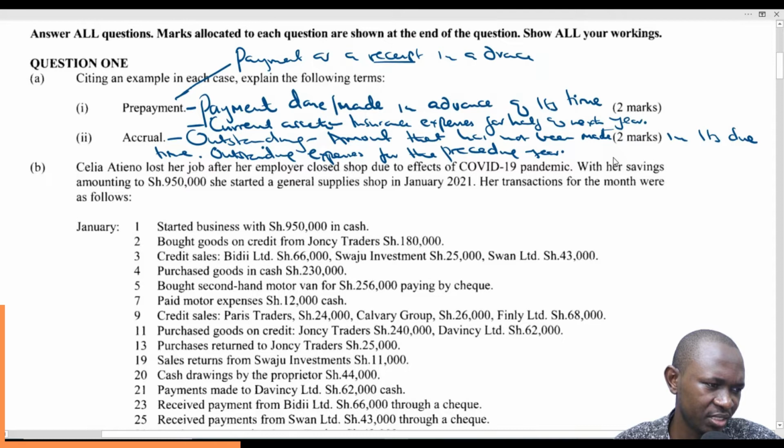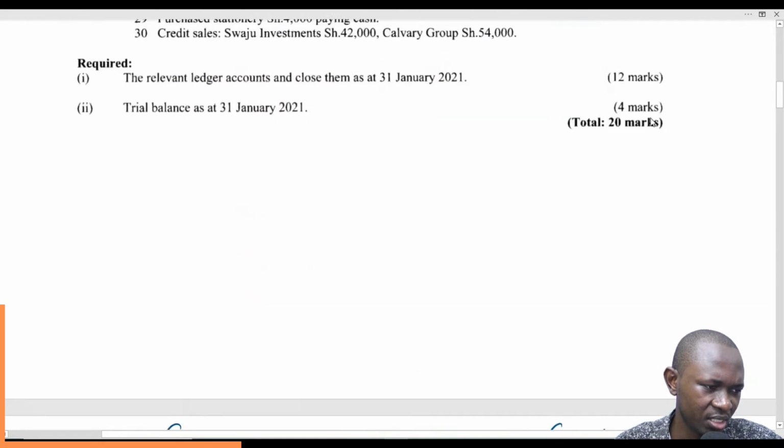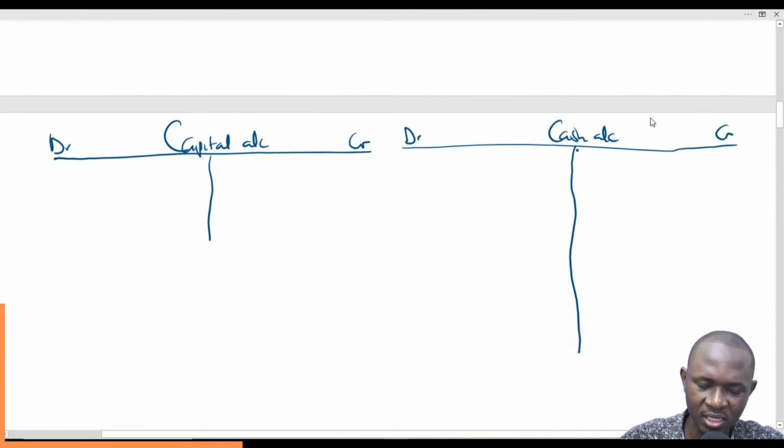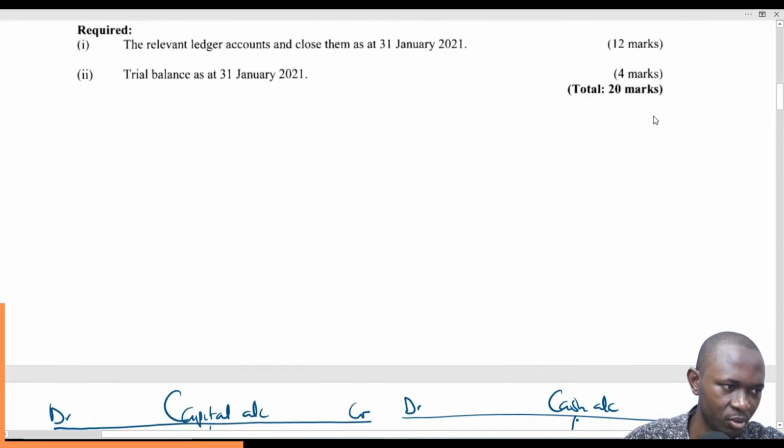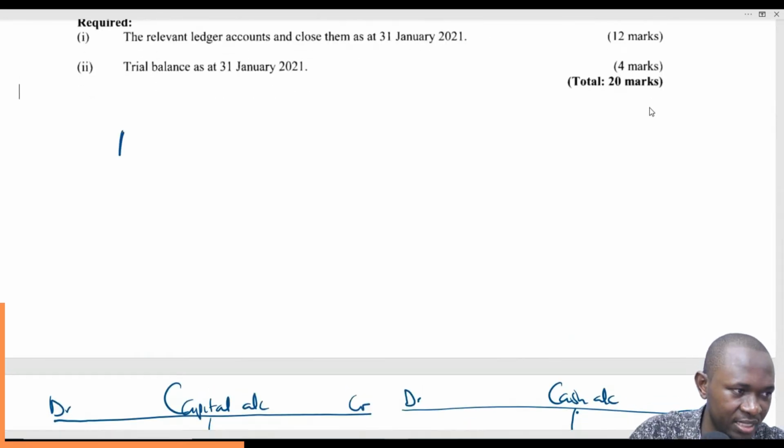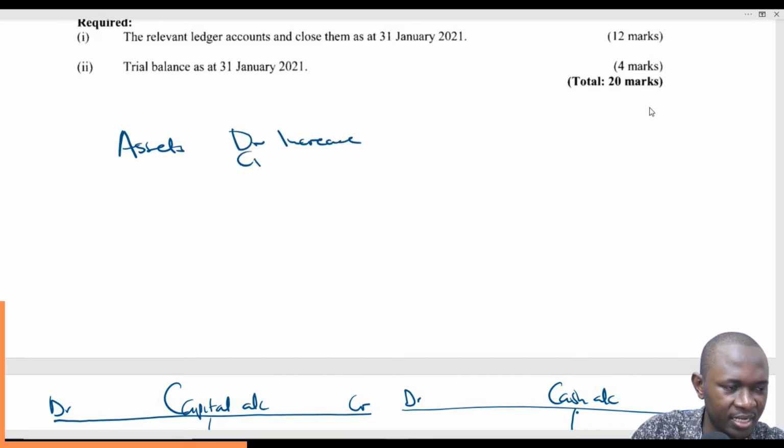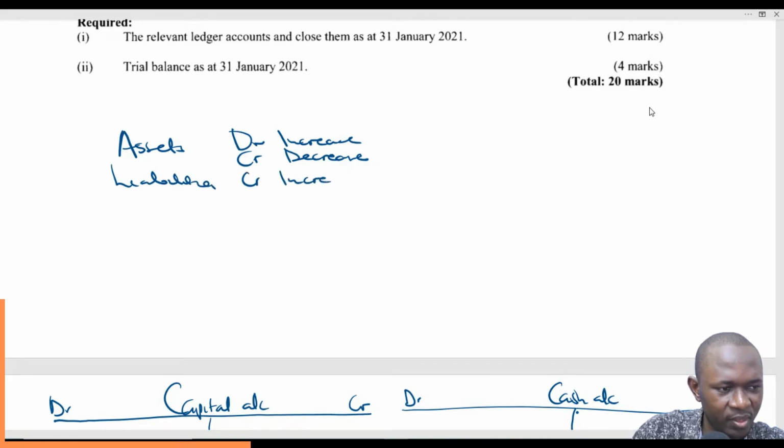So this is January 1st, started business with 950,000 in cash. Remember, the rule is very simple. Assets, we debit the increase, and then credit the decrease. If assets are decreasing, we credit. Then liabilities, we credit increase, and then we debit decrease.